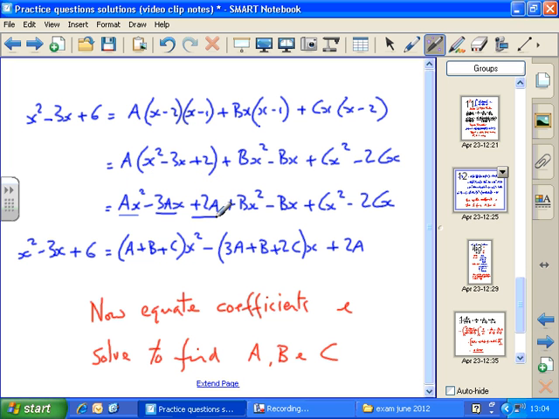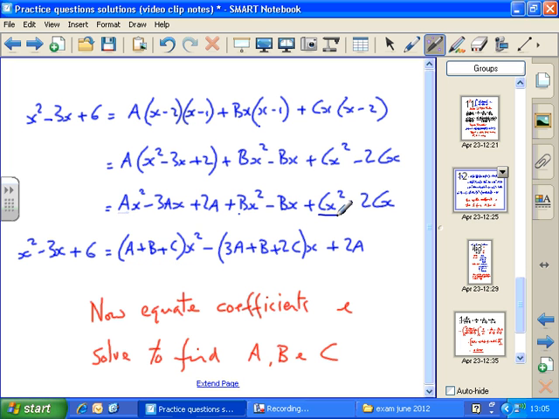And now what I do is collect together terms involving x squared, the x, and the 2a. If you look at this one, the x squared term, we've got ax squared plus bx squared plus cx squared, gives a plus b plus c x squared.